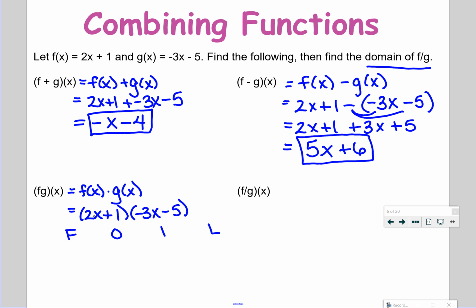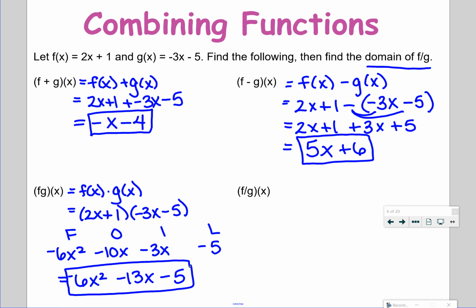First terms, 2x and negative 3x are negative 6x squared. Outside terms, 2x and negative 5 are negative 10x. Inside terms will give me a negative 3x, and my last terms will give me a negative 5. Adding together my like terms, my final answer is negative 6x squared minus 13x minus 5.